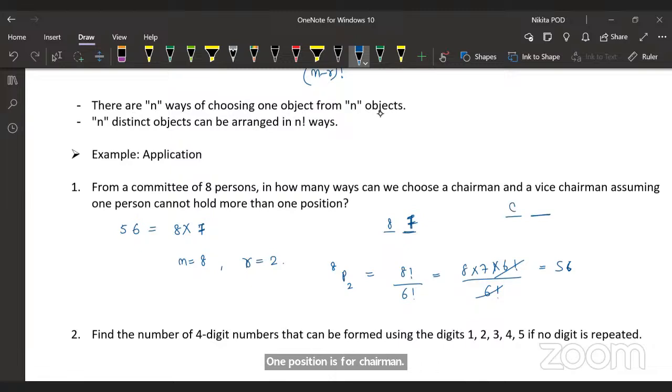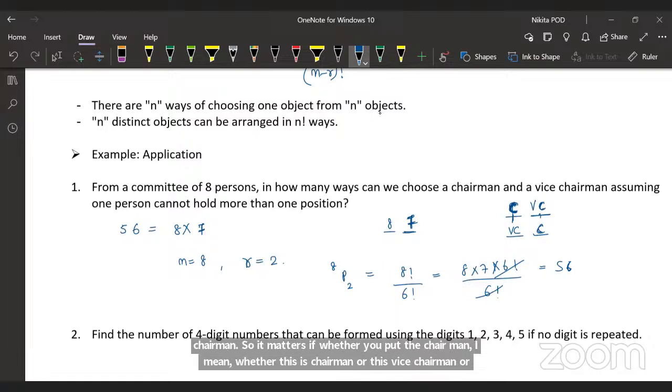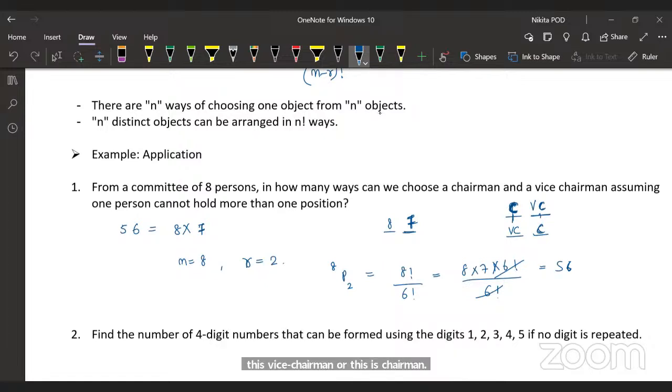One position is for chairman and the other is for vice chairman. So it matters whether this one is chairman or vice chairman, or this one is vice chairman or chairman. It will matter, right? So that is why we are using permutation here.